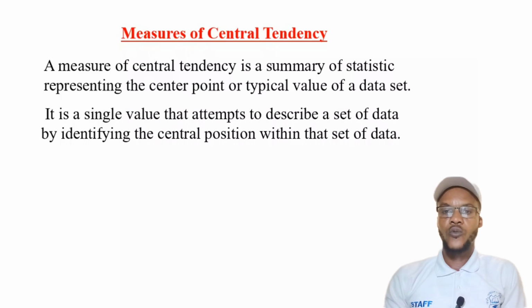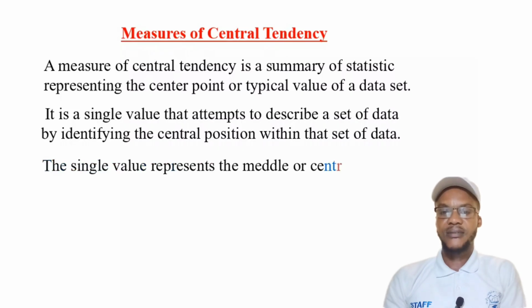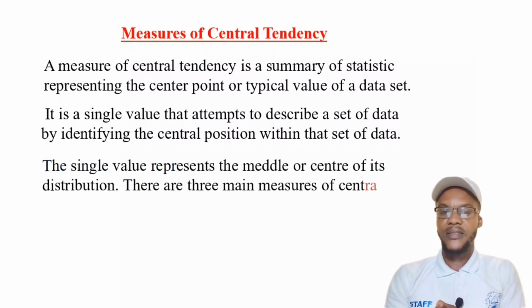There are three basic concepts under this. The single value represents the middle or center of its distribution. So we have three main measures of central tendency, and I know you know them already.